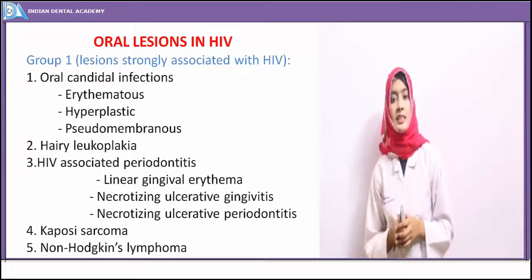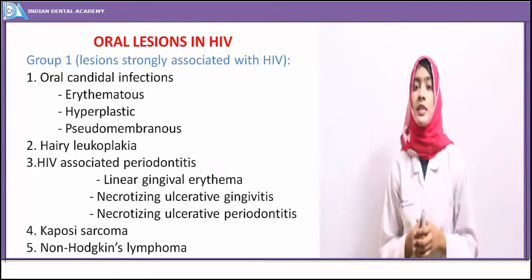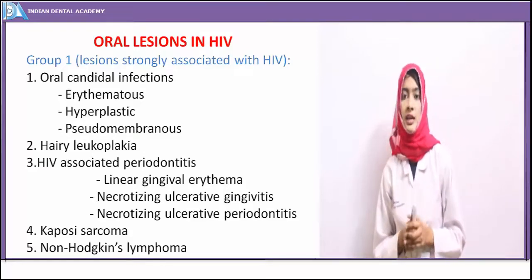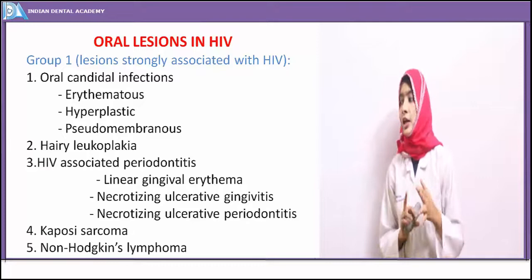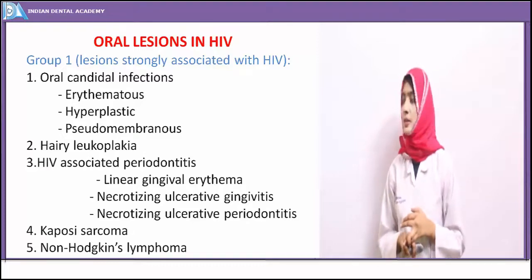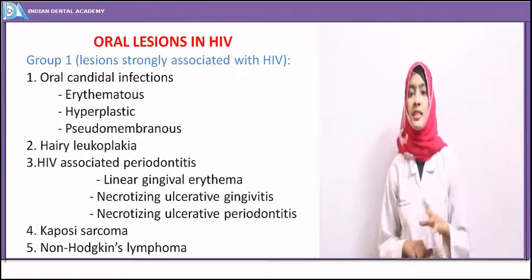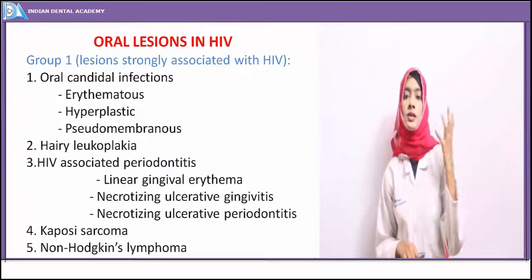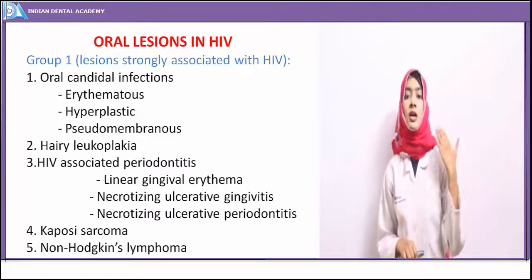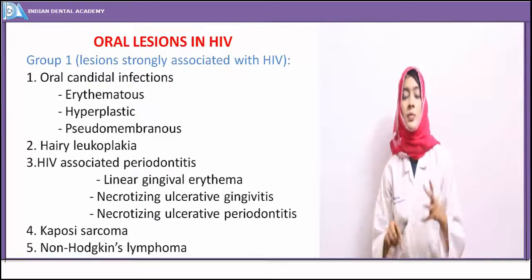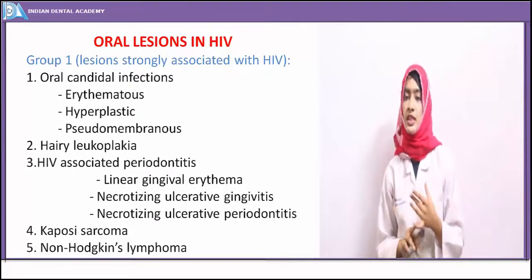So oral candidal infections are more commonly associated with the HIV virus. Then hairy leukoplakia, HIV associated periodontal lesions, Kaposi's sarcoma, and non-Hodgkin's lymphoma. These neoplasms, precancerous lesions or oral conditions are more commonly seen associated with HIV.